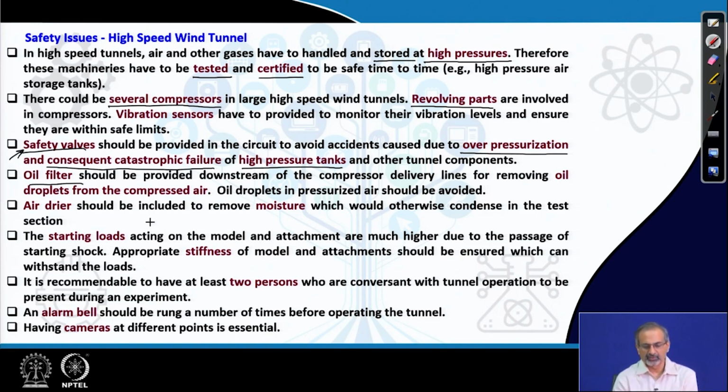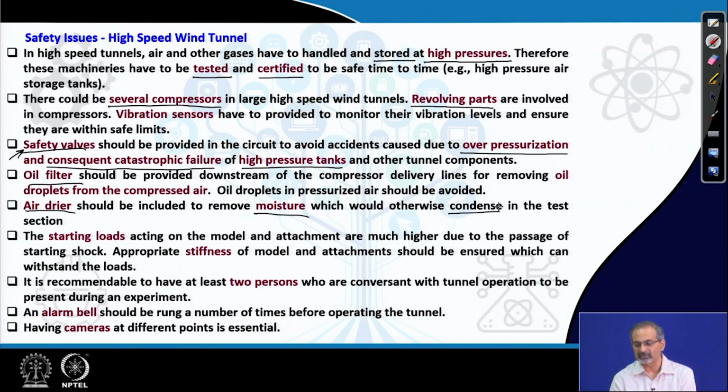Oil filters should be provided downstream of the compressor delivery lines, so that we are able to remove oil droplets from getting mixed with compressed air, which could be hazardous. You should also install air dryers to remove moisture which would otherwise condense in the test section.